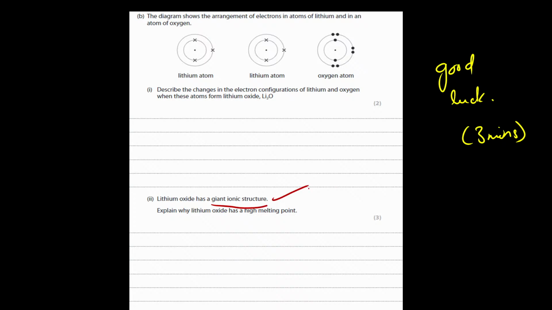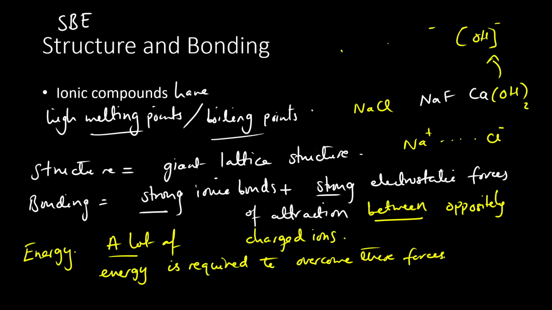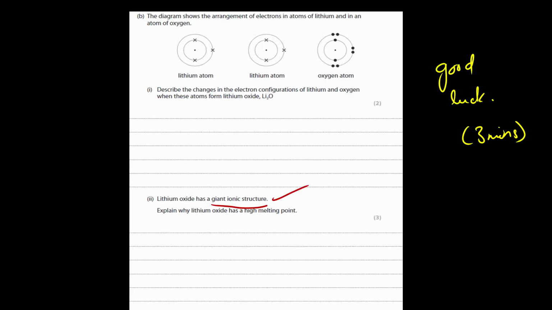The reason I include the structure and bonding format is just in case they ask you to explain why lithium oxide is a solid at room temperature, so it's sort of implied. In some questions they may ask you to refer to structure and bonding. But just be careful: if something is mentioned in the question, most likely it won't be a mark.